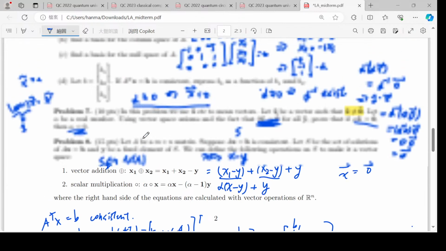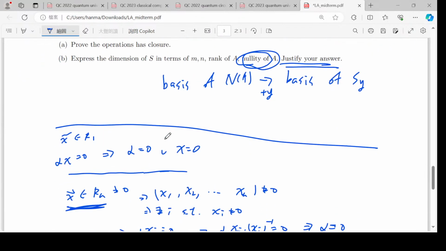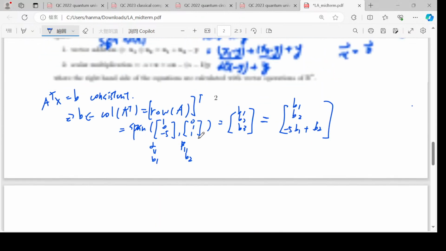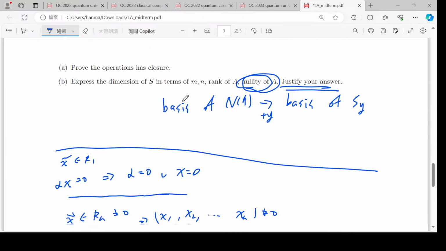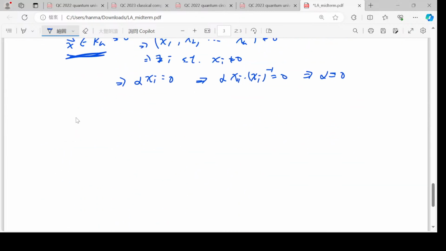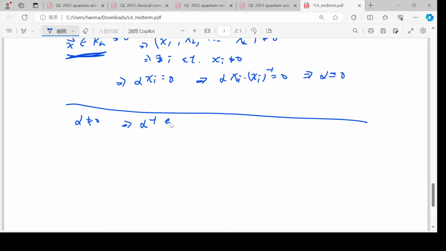The very careful way to do this is a proof by contradiction. We start with alpha not equal to 0, then we try to derive a contradiction. If alpha is not equal to 0, then alpha minus 1 exists.